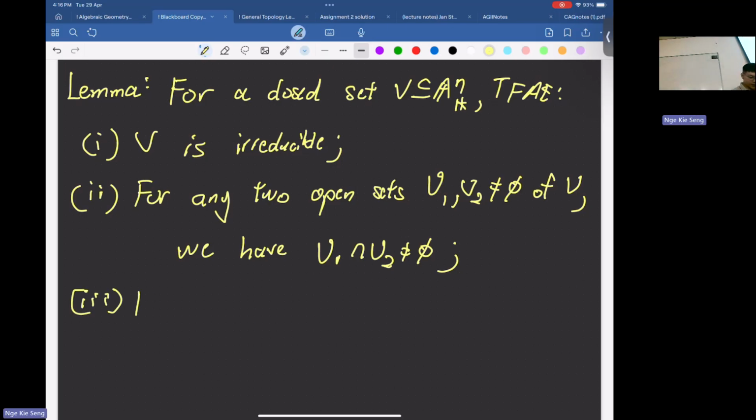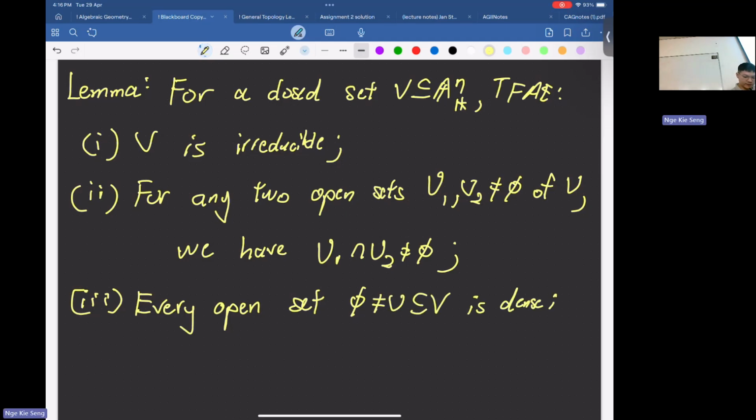Part 3. I think this word we haven't defined for you: every non-empty open set in V is actually dense in V. What does dense mean? One definition is that if you take the closure of U, it is V. So let's take that definition.